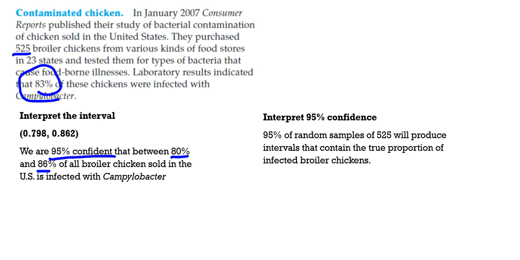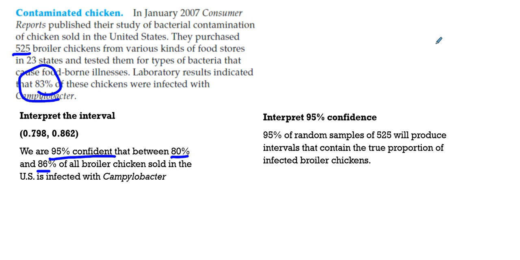You could do it again and get another sample of 525, and the p hat might be 86%, might be 84%, whatever. But 95% of those samples of 525 would contain the true proportion of infected broiler chickens. 5% would miss it, right?